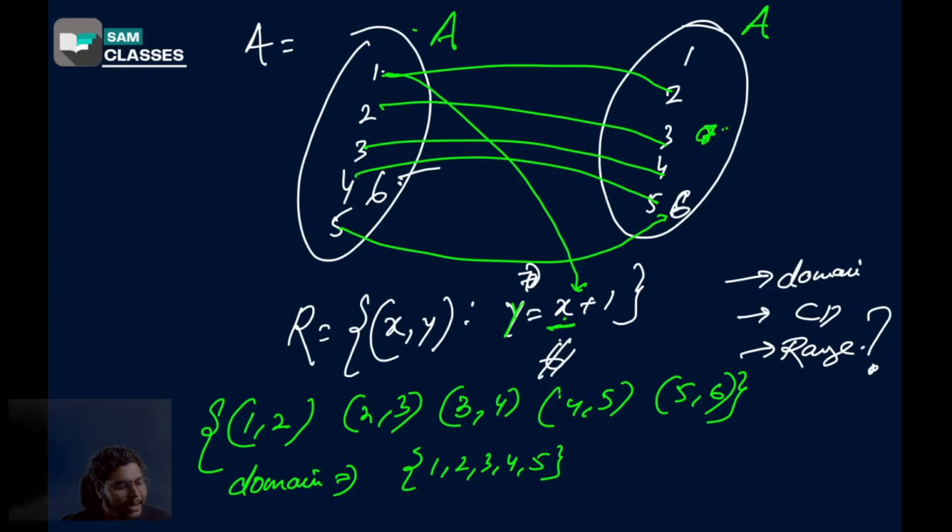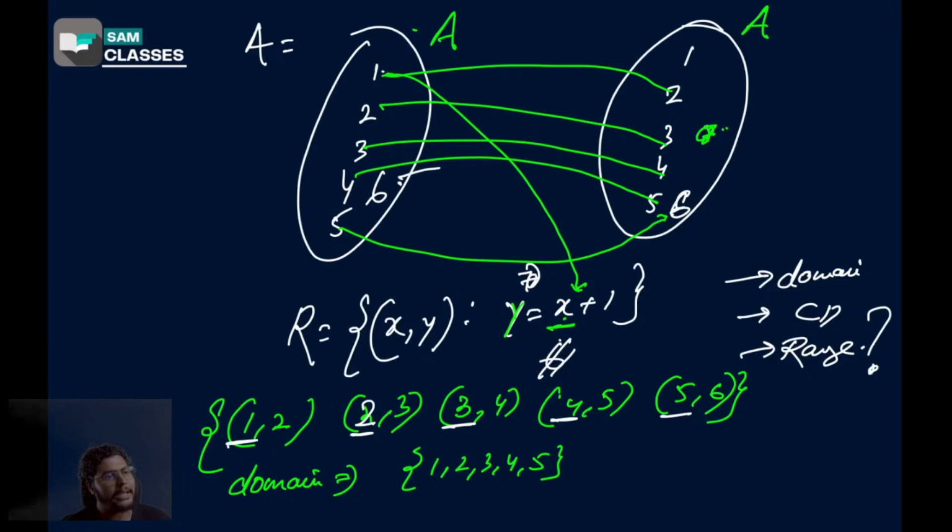Now will set A, the whole thing, be the domain, or will it be different, or will it be just the values of x which are taking part in the relation? Come on, set theory, a lot of people have difficulty. I thought the concepts would be good, but no issues. Let's see. Whole set A or the values which are taking part in the relation?